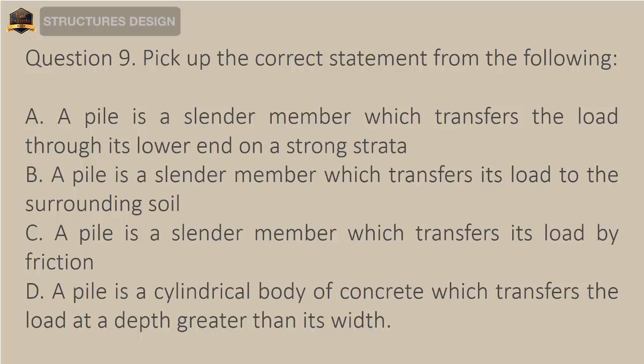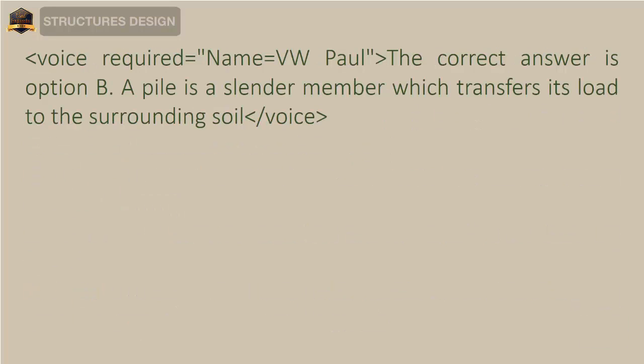D. A pile is a cylindrical body of concrete which transfers the load at a depth greater than its width. The correct answer is option B. A pile is a slender member which transfers its load to the surrounding soil.